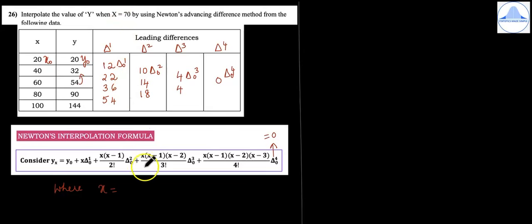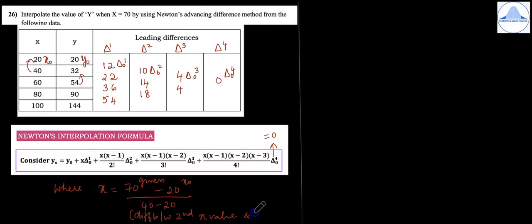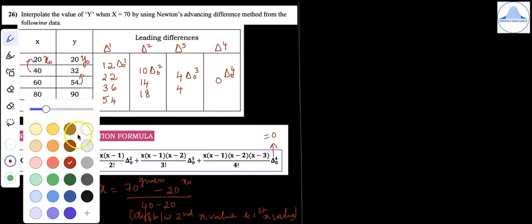So next you can write where x is equal to, so what is the x formula? It is the given value in the question minus x naught value, that is 20, and the denominator will be the difference between the second x value and the first x value. So it is 40 minus 20. So the most important step is to find the value of x.